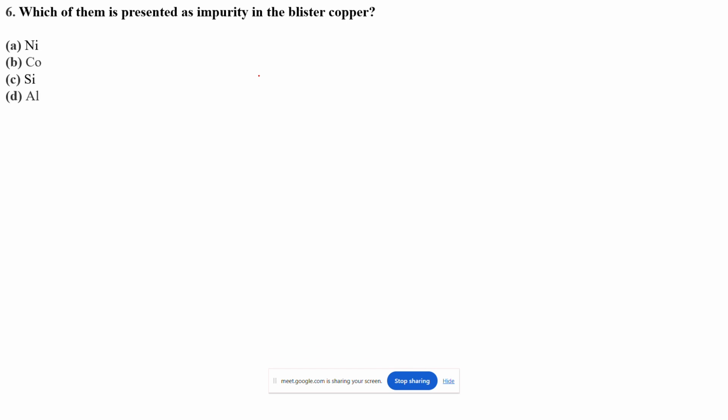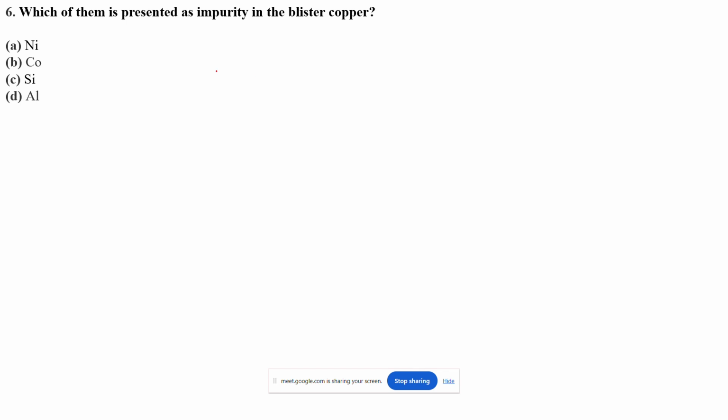Then which of them is present as an impurity in the blister copper? Generally Ni is present as an impurity in the blister copper. Cobalt is there. While Si gets reacted with the Fe content, converting that iron oxide into FeO.SiO2 so that it can report into the slag phase.